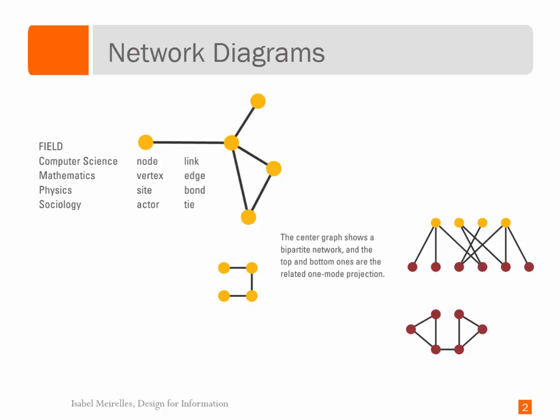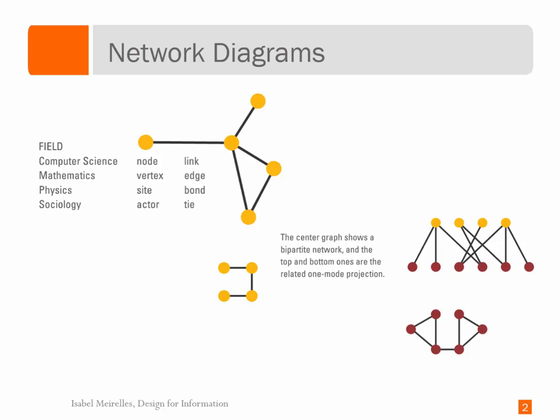Now, nodes tend to be objects. They could be a person, some type of object. They tend to be nouns, some sort of object. And then the link describes the relationship between those two objects.